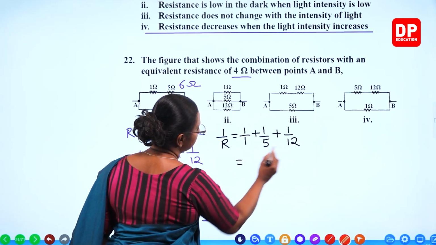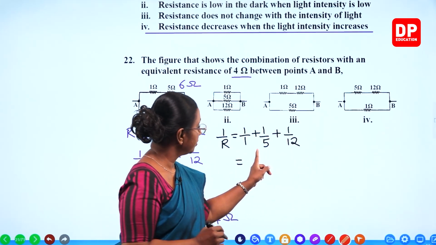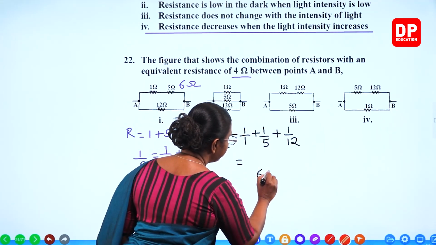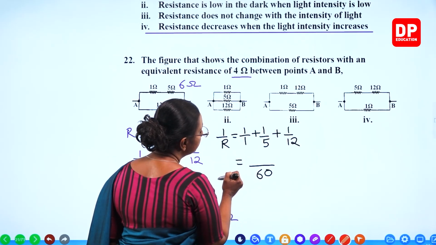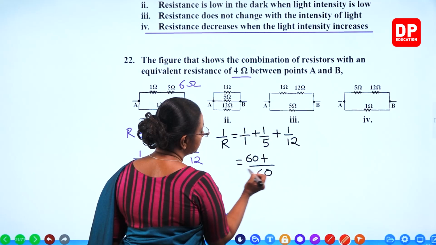Here you need the least common multiple of 1, 5 and 12, which is 60.